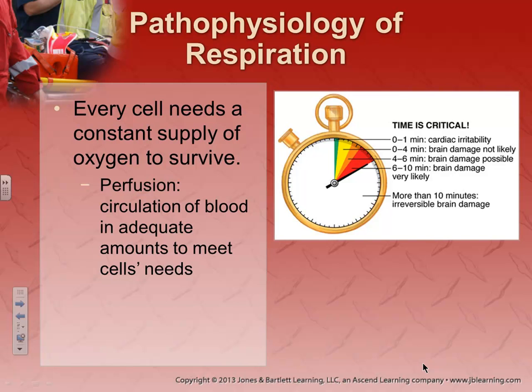And then 4 to 6 minutes, that's where brain damage may begin. Then 6 to 10 minutes, we're looking at brain damage is very likely. Really and truly, between that 6 and 10 minute window, we don't want them that long without oxygen, because they're going to probably have some brain damage that can't be fixed in 6 to 10 minutes, all right?